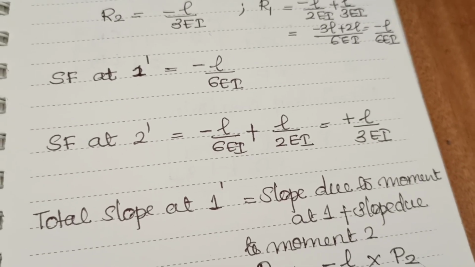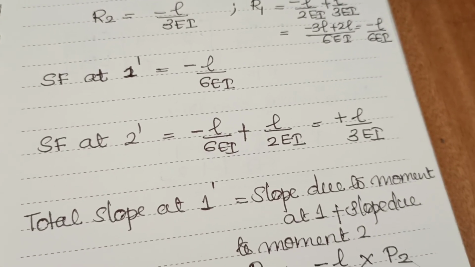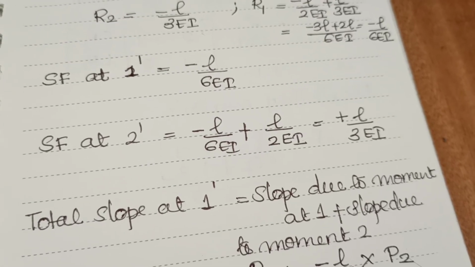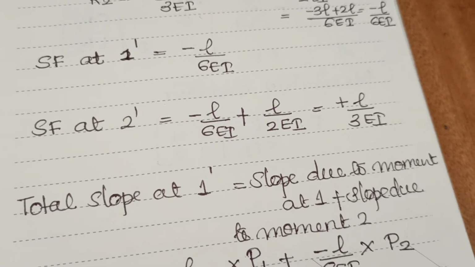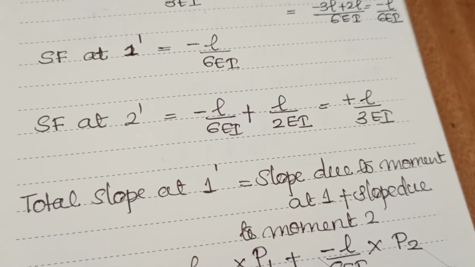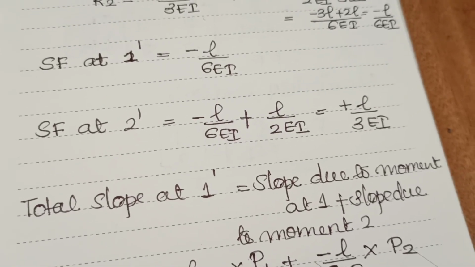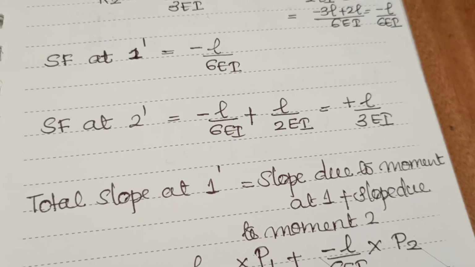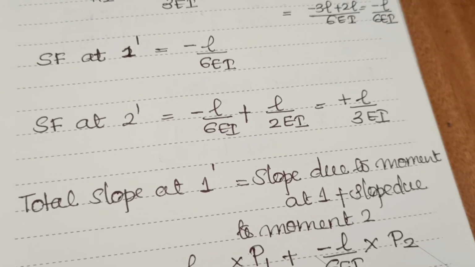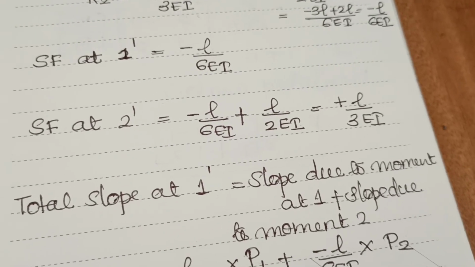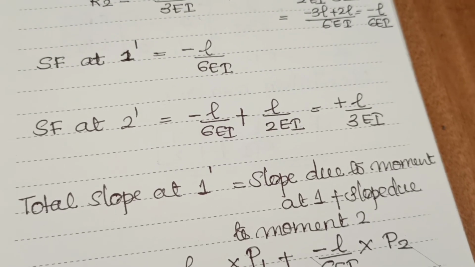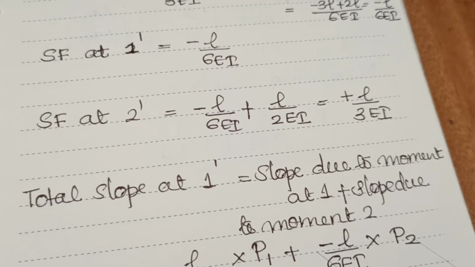Since the value of R1 is minus of L by 6EI, we substitute minus of L by 6EI and minus loading. Hence, minus of minus becomes plus, minus of L by 6EI plus L by 2EI, which is L by 3EI.